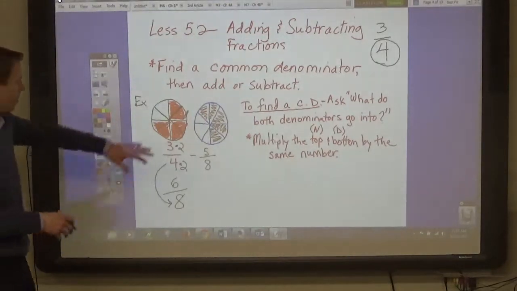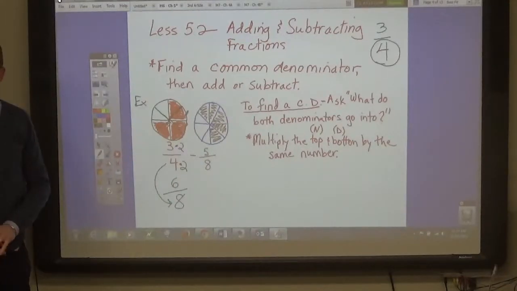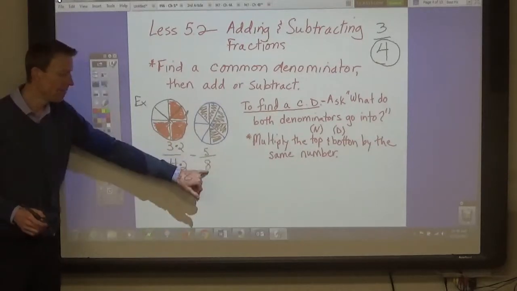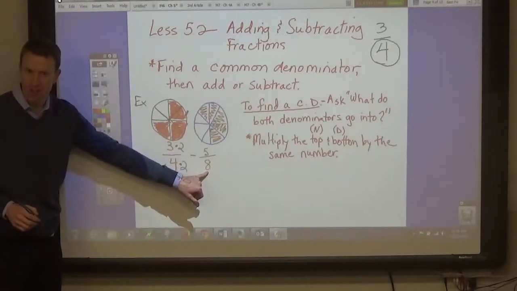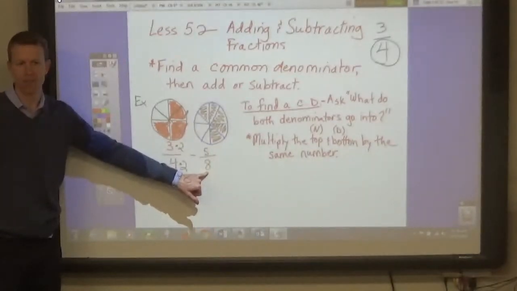Why not just cut it up into a whole bunch of pieces and then take away 5? Nate? Because it won't be the exact answer. It won't be the right amount. We have to take away 5/8. Okay, not 5/20ths or 5/3 or 5 of anything else.